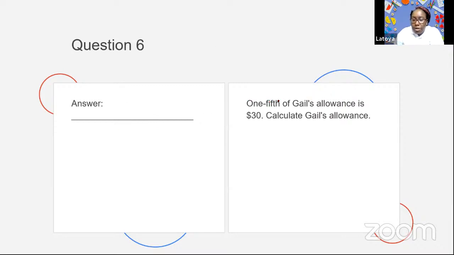1/5 of Gail's allowance is $30. Calculate Gail's allowance. In order for us to calculate Gail's allowance, we need to do what? It's going to be 30 divided by 1/5. Anybody remember how to do this? So it's going to be 30 multiplied by, what do I do when I'm dividing fractions?